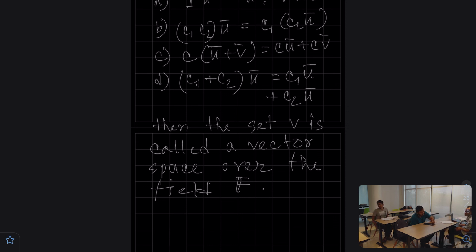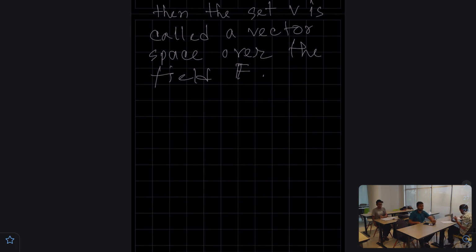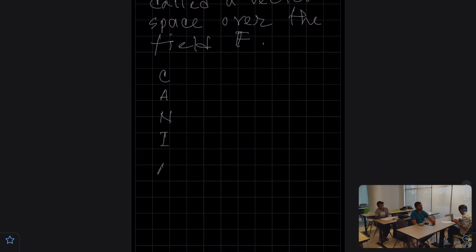Very deep definition. But before I finish, I want to give you a mnemonic to remember this: CANI, Kenny, and Edu. So this is commutativity, and this is associativity. This is the neutral element, and this is the inverse element. All these four are for the addition.